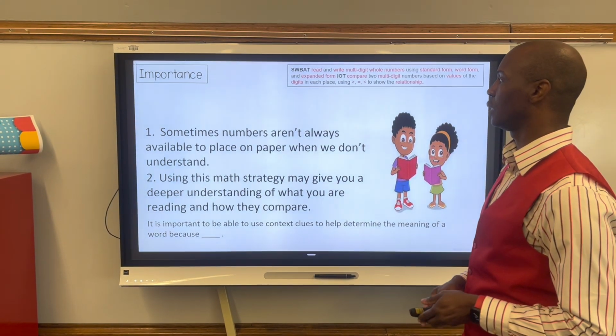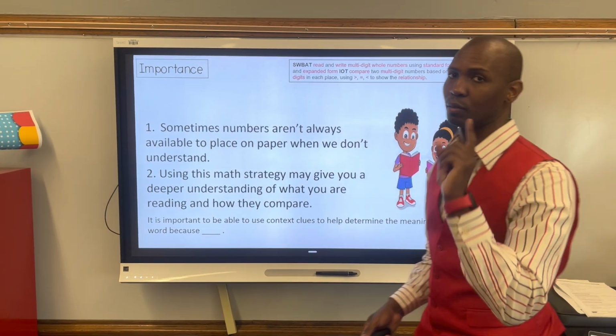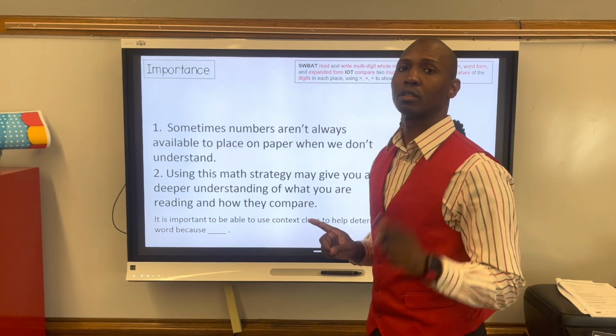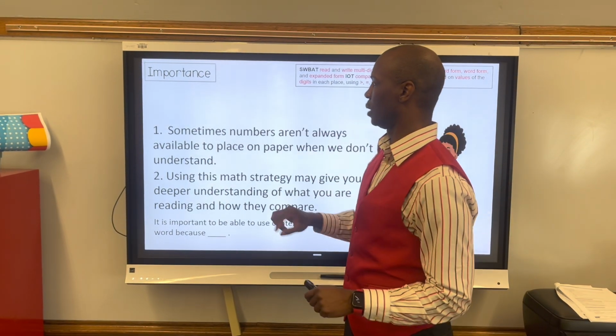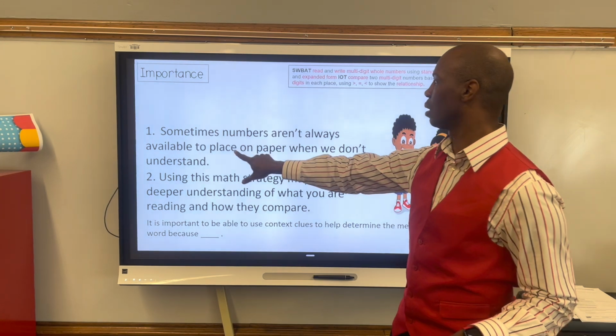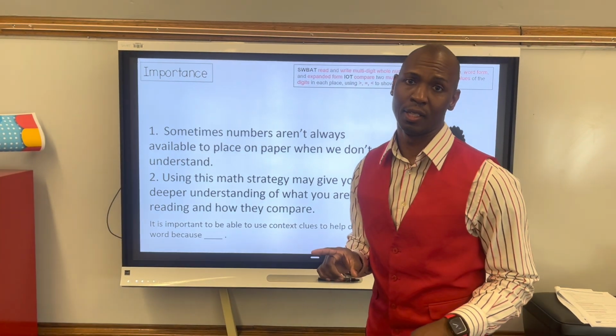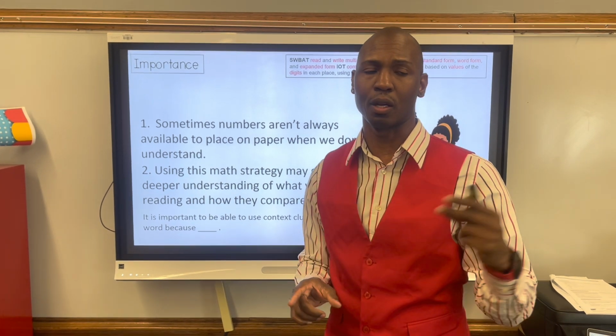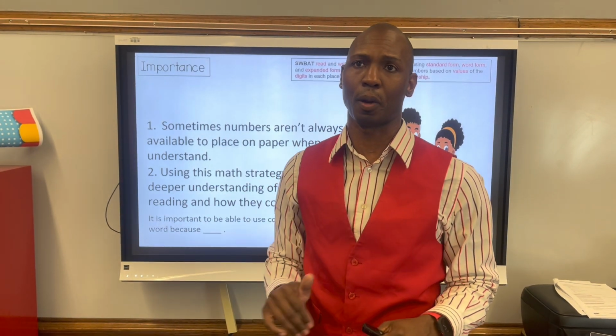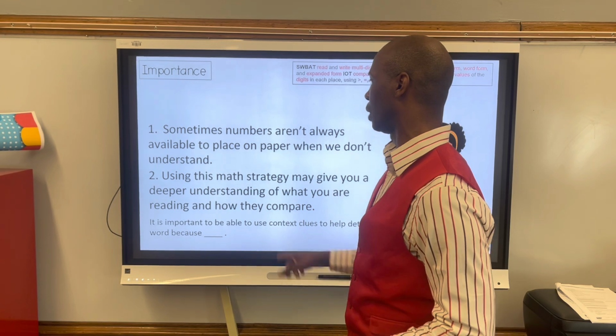Here are some key things that I want us to talk through and some preconceptions. I want children to know how important it is that sometimes numbers are not always available to place on paper. Children may not understand that when they see numbers on paper, they may not understand its true place value.